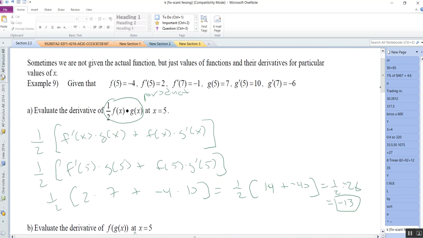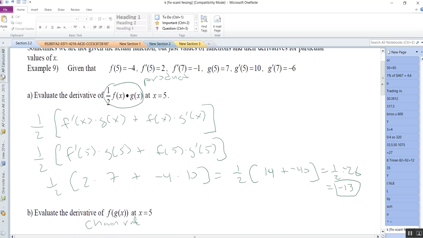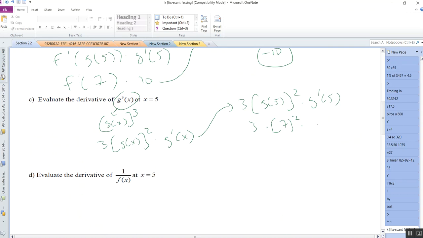What's g of 5? That's 7. What's g prime 5? That's 10. 3 times 49 times 10. Use a calculator if you need to. That should be 1470.